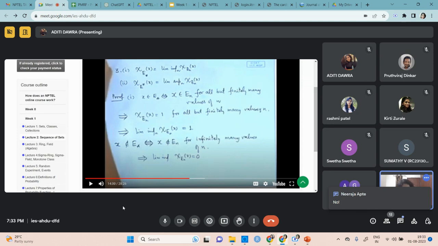So En will be finite. And if X belongs to this En, its indicator function will be 1 for all these values. Like if X belongs to E1, then chi E1 of X will be 1, right?